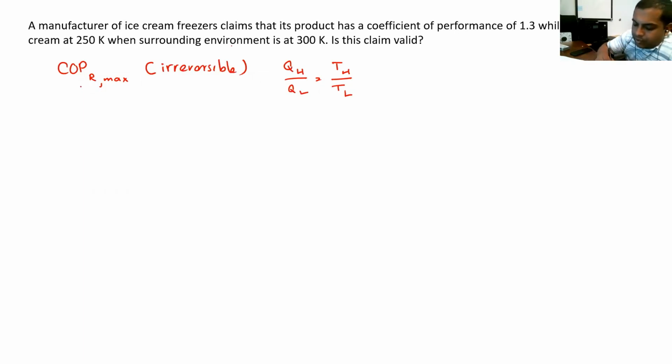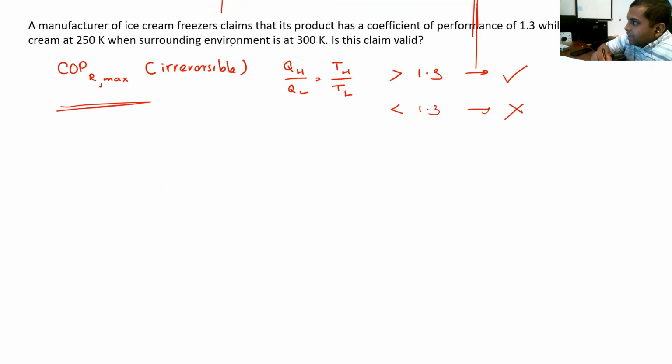Now, we can calculate this coefficient of performance, and if it is larger than 1.3, that tells us that the manufacturer's claim is feasible. If COP maximum is lower than 1.3, that tells us that the manufacturer is lying. So the question is how to calculate COP max, right?